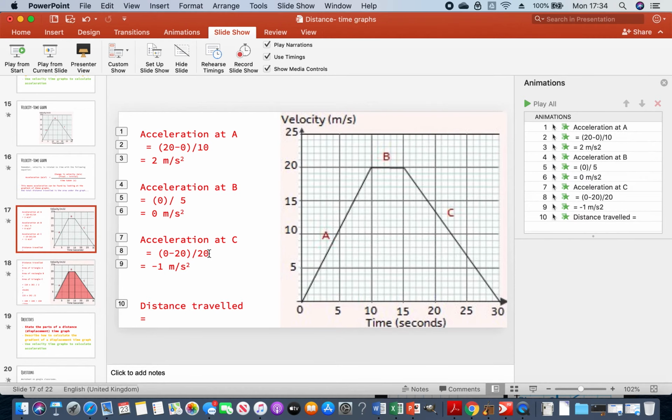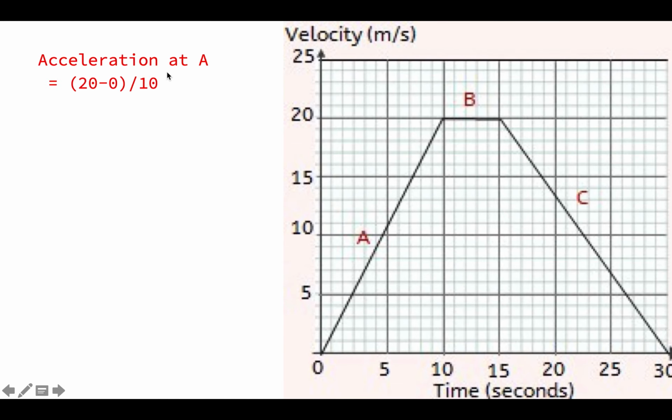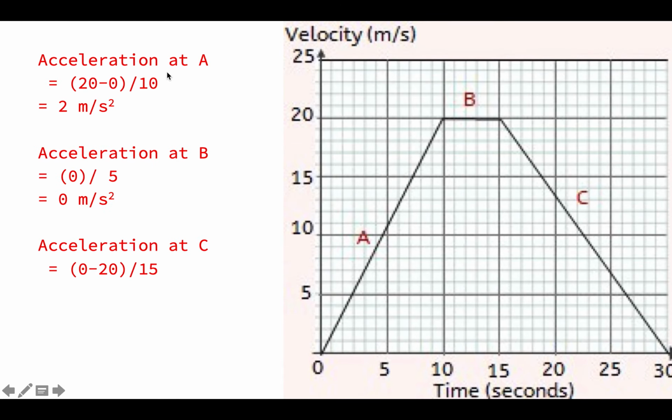So 0 minus 20 divided by 15. So it's 20 divided by 15, which will be minus 1.25 meters per second squared.